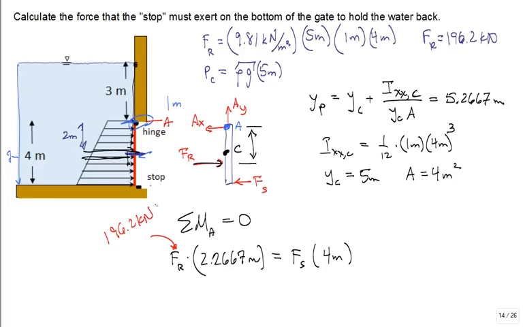We put that in there and we can then solve for the force of the stop. The force of the stop is a whopping 111 kilonewtons. Make sense? Yes. All right, ready to move on?